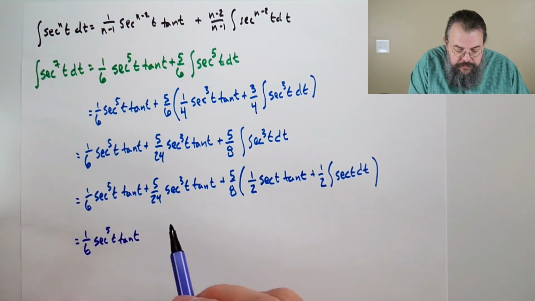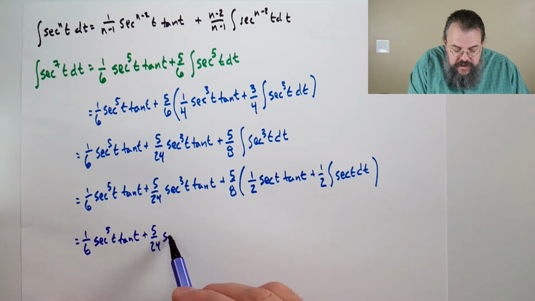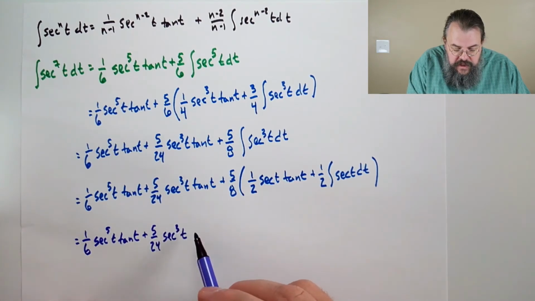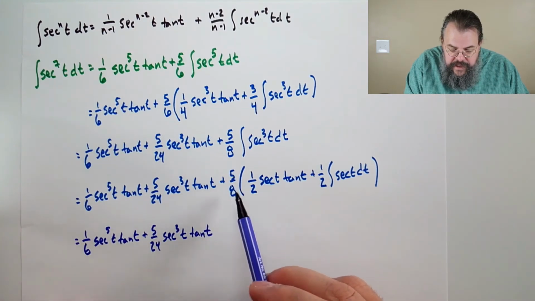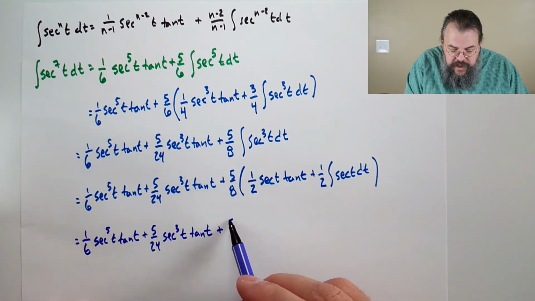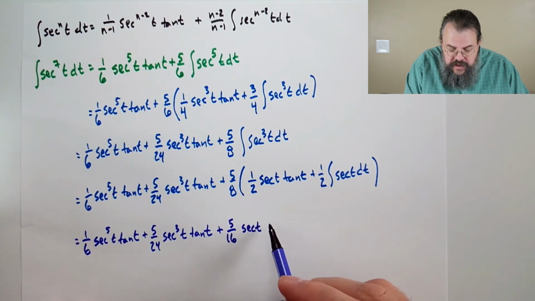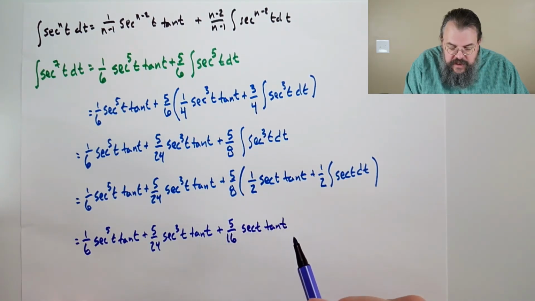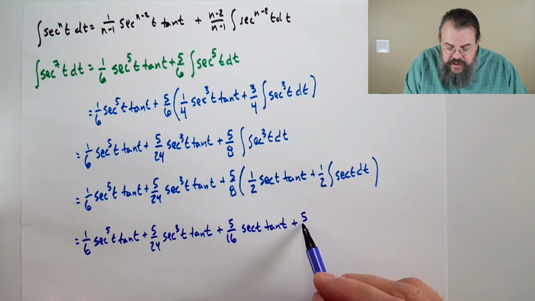Okay, that's the first term. 5/24 secant cubed t tangent t. Then we have 5/8 times 1/2 makes this 5/16 secant t tangent t. Then we have 5/8 times 1/2 is, again, 5/16.